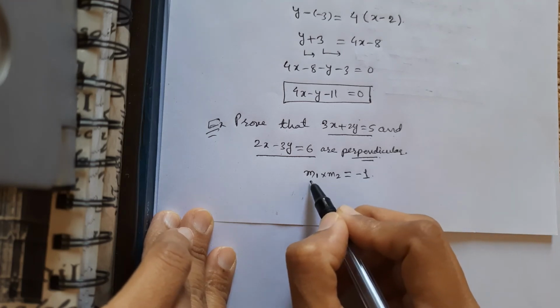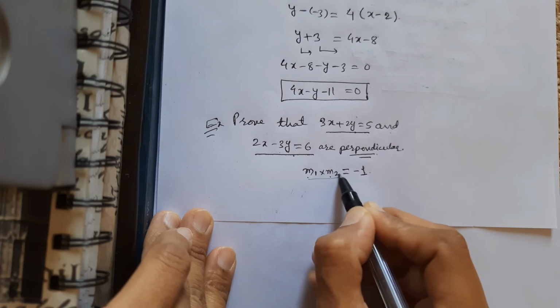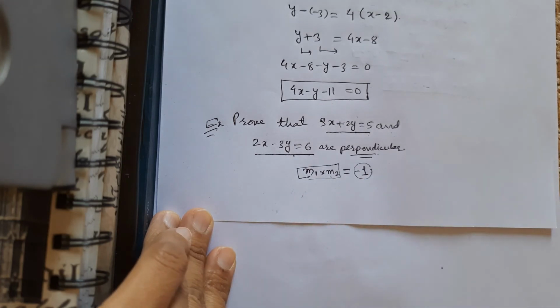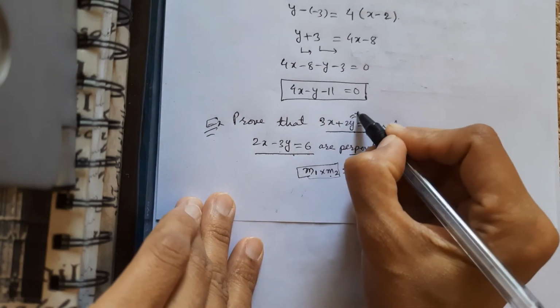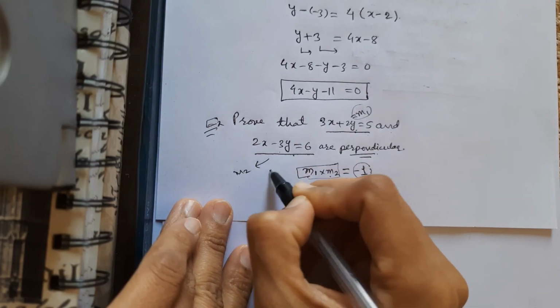So we are going to find the slope of line 1 and the slope of line 2, and we will find the product. If it comes out as -1, then we will say that they are perpendicular, otherwise not. So we will find m1, slope 1 for this line, and m2, slope 2 for this line. So let's see how I solve it.